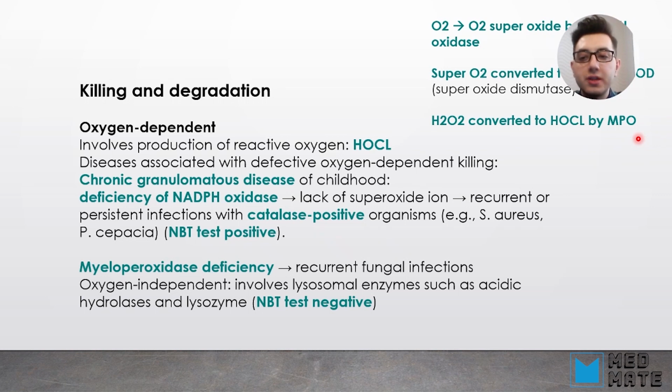Those individuals with myeloperoxidase deficiency have a positive NBT test, because the NBT test is for NADPH oxidase, not for myeloperoxidase. So their NADPH oxidase is okay, there is no deficiency there, but what they're defective in is myeloperoxidase.